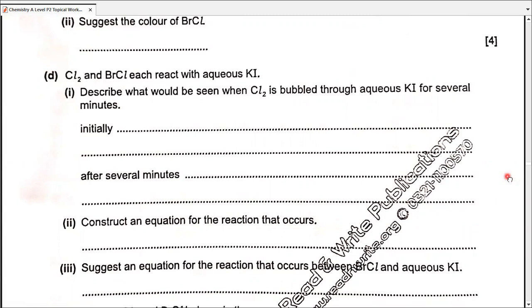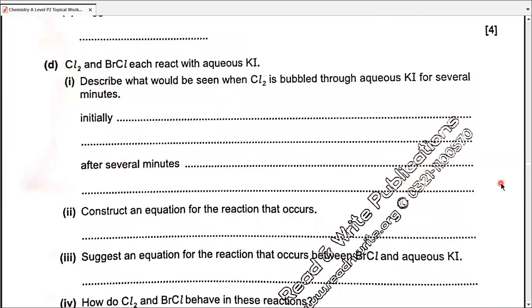Let's move on with this one. D is also good. Let's try D. Initially, greenish yellow color, the greenish yellow color starts to disappear, and we'll have iodine forming and KCl.